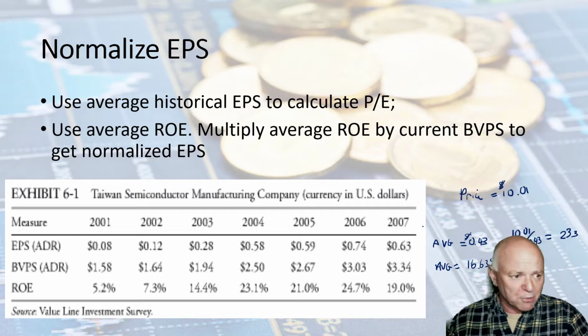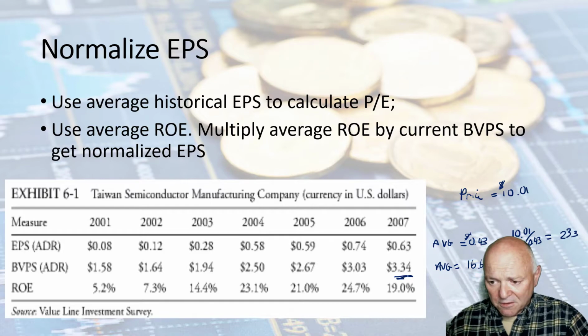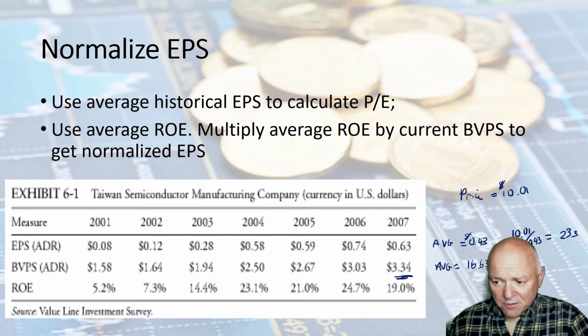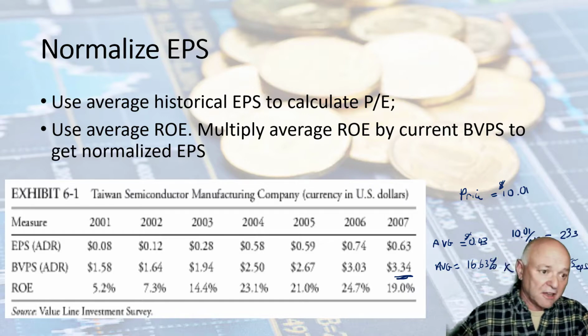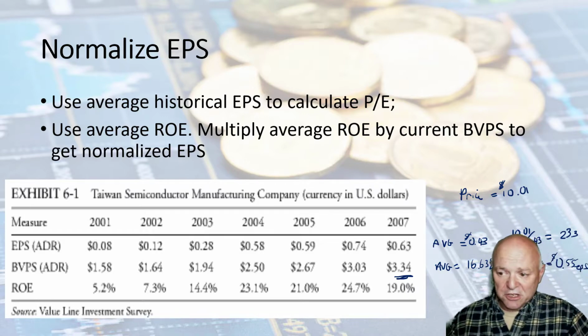And our book value per share at the end of the period, so we multiply that by $3.34. That says that my earnings per share would be 55 cents. So that's another way of normalizing the earnings per share.